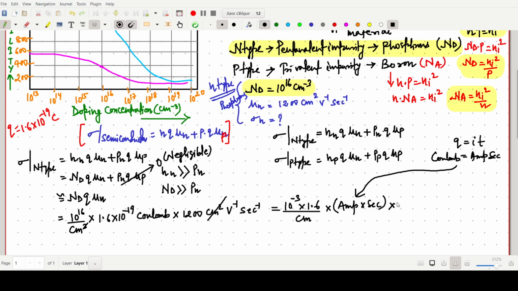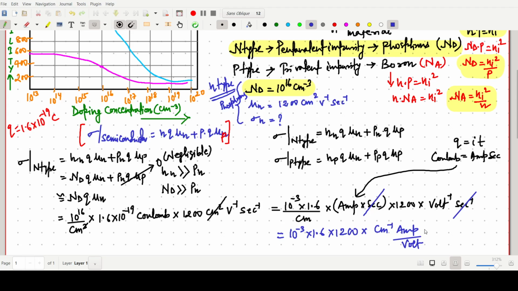Now it should be 1200 into volt per second. What we observe is that the second and second will cancel out. If we solve this, here we have 10 to the minus 3, and here 1.6 into 1200. Now I am writing all units: centimeter inverse, ampere by volt.